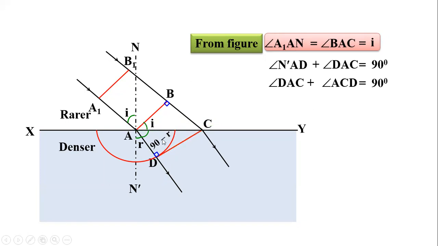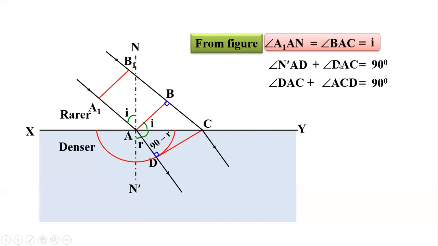See here, CD is a tangent and AD is the radius. Now tangent and radius are always perpendicular to each other. So this angle is 90 degrees. Now the remaining two angles of this triangle ADC, that is angle DAC and angle ACD, together they will be 90 degrees.